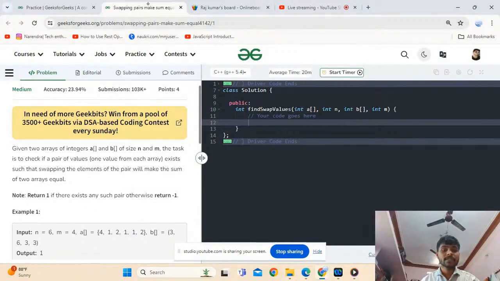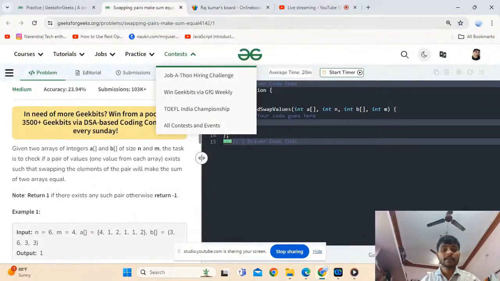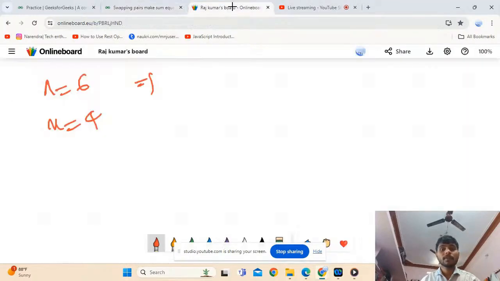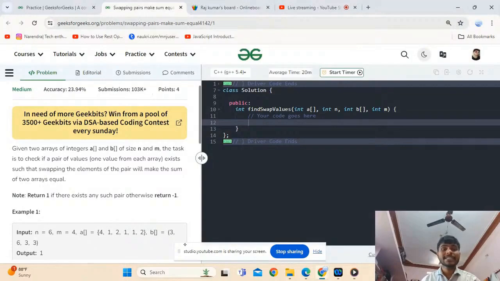Given n is equal to 6, m is equal to 4. In a we have 4 1 2 1 1 2, and in b we have 3 6 3 3.